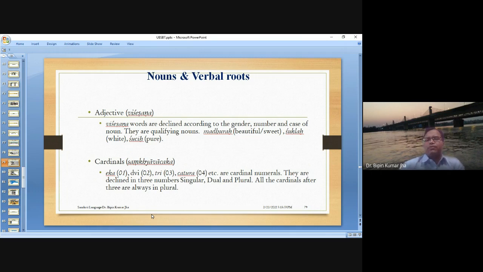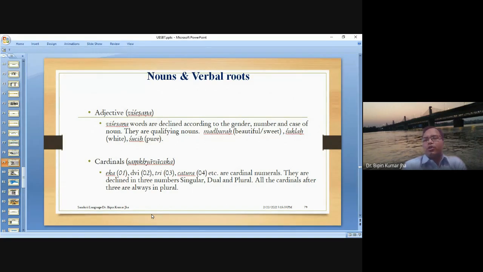Once you are able to identify the adjective, it is quite easy, because most of us commit errors by being confused about adjectives. And after that, cardinals: 1, 2, 3, 4. When we use numbers, in which way we should use them is also important.